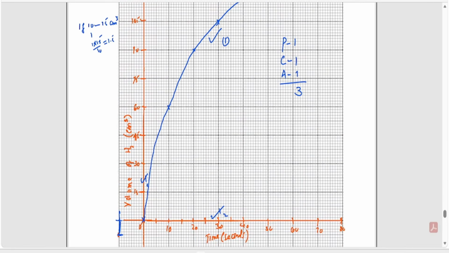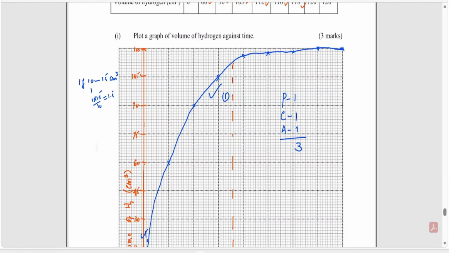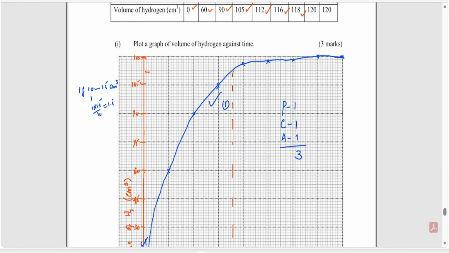Let's try to see at 36 seconds we're going to have what? So it will be marked based on your graph. Please take note of that.